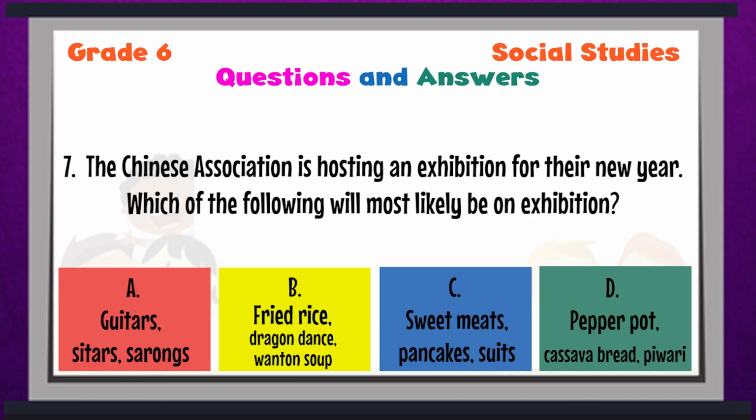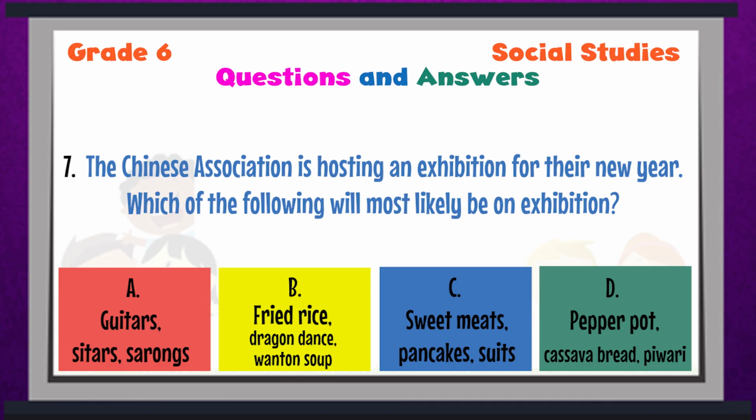Question 7. The Chinese Association is hosting an exhibition for their New Year. Which of the following will most likely be on exhibition? A, guitars, sitars, and sarongs. B, fried rice, dragon dance, wonton soup. C, sweetmeats, pancakes, suits.